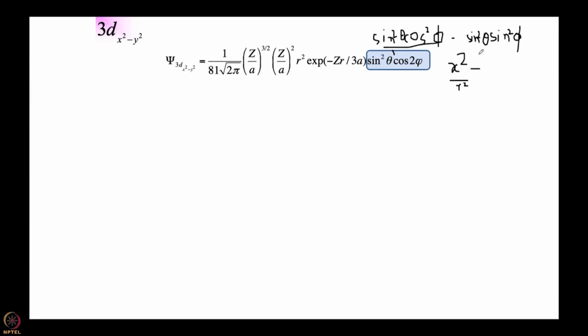Actually r sin theta sin phi is equal to y. So sin theta sin phi is equal to y by r and sin square theta sin square phi is equal to y square by r square. So you can take r square common and you get x square minus y square divided by r square. So that is what gives the name.